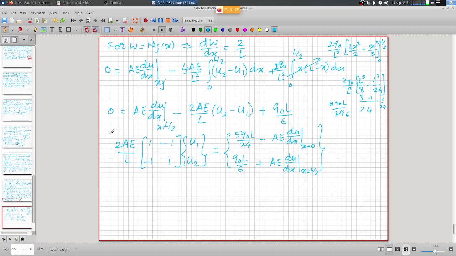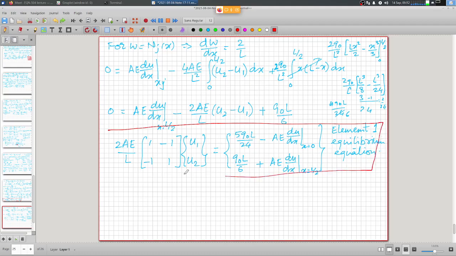So this is the first element equation, the element 1 equilibrium equation. Let us set it aside.